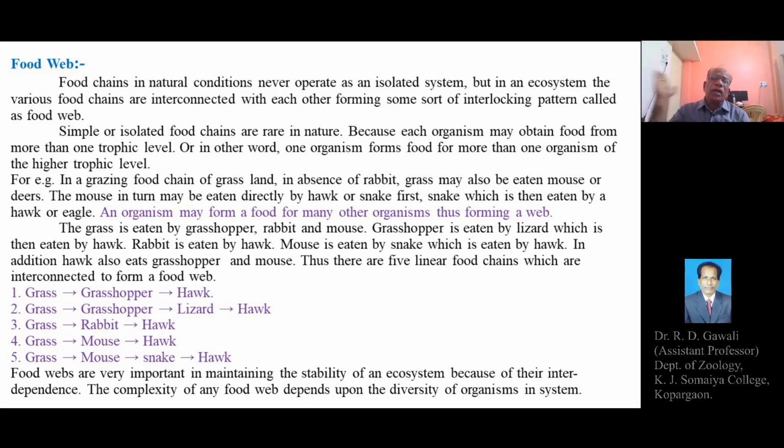If there is a large number of species of organisms, maybe plants, animals, or microorganisms, this will form a complex and stable type of food web. Since there are large numbers of organisms present in the ecosystem, certainly several types of food chains may exist at a time.